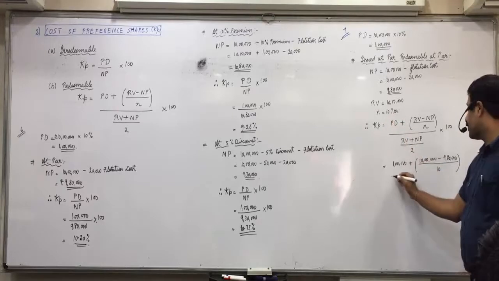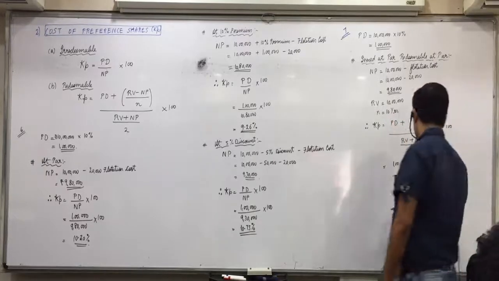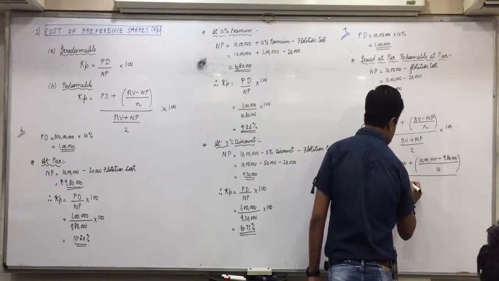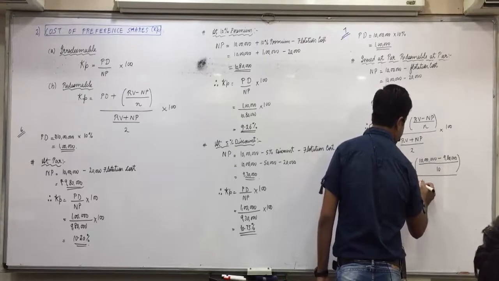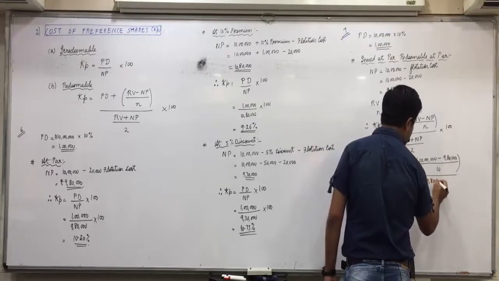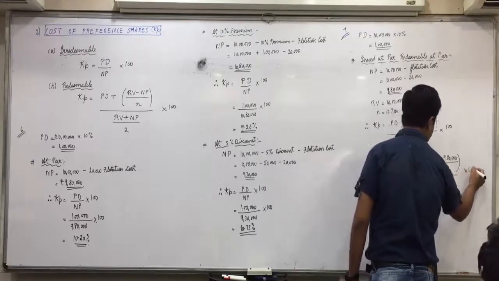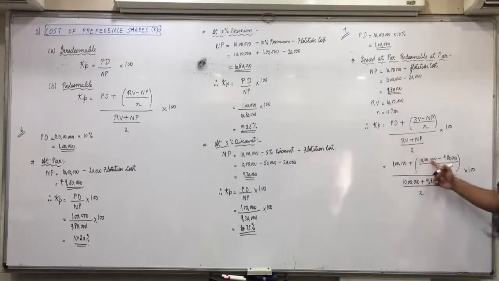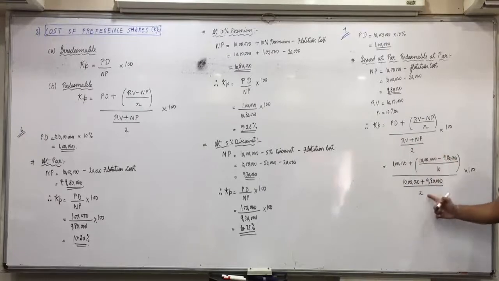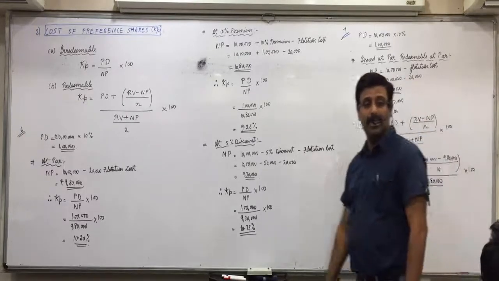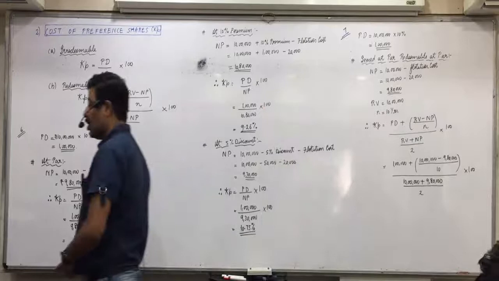Then upon the redemption value 10 lakhs plus net proceeds 9,80,000, divided by 2, into 100. Anyone having any doubt in this? All are clear with that?